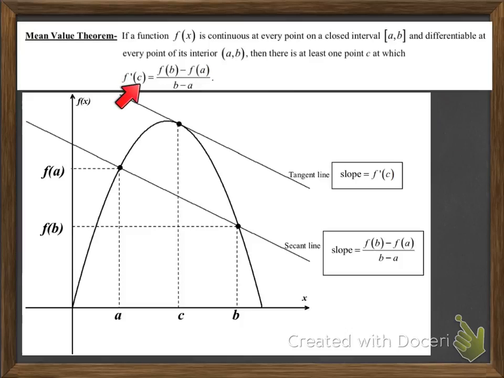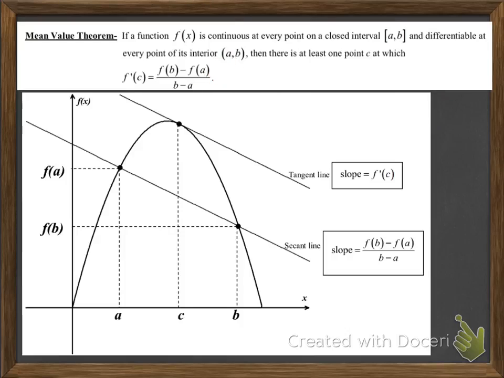So what we are saying is there is a place somewhere between A and B, a point C, such that the instantaneous rate of change at C equals the average rate of change over the interval from A to B.